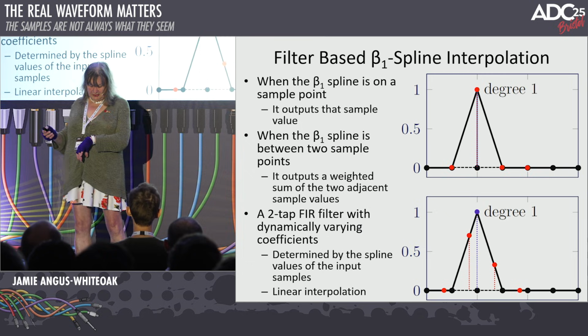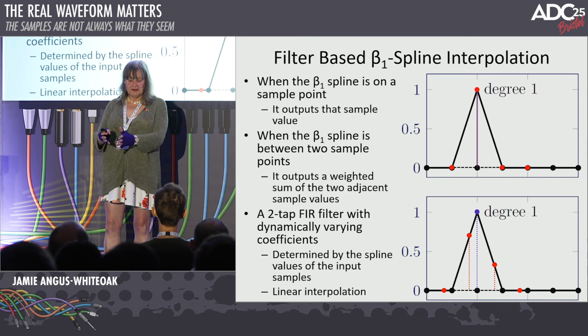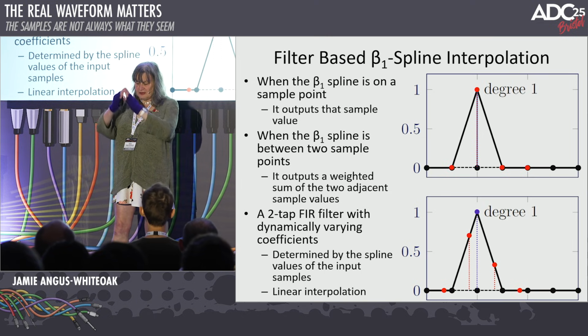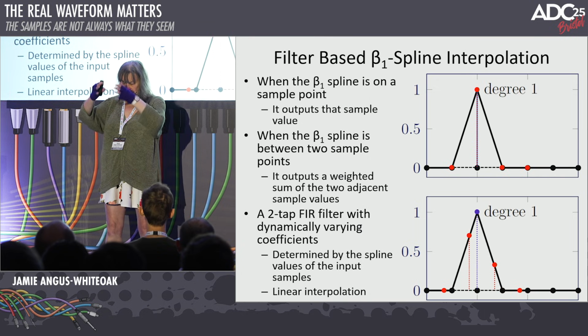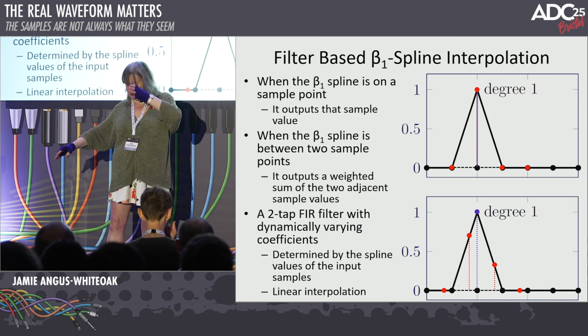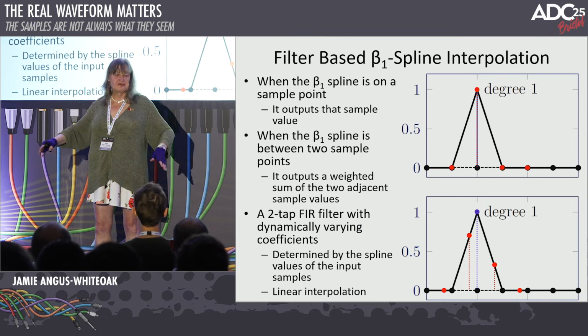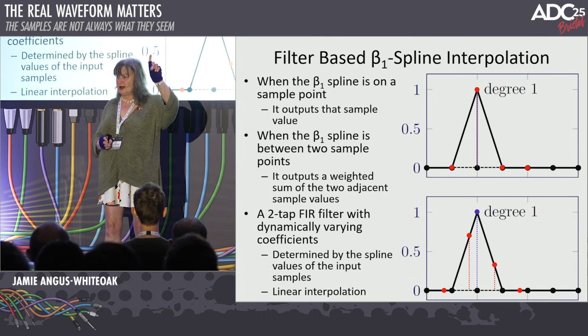And here's a little bit of an example. This is a degree 1, because I thought this is an easy one to say. So this is an example of a second degree first order spline rather than a 0th order spline. It's got linear variation between the center and the two adjacent samples. Obviously, if it's perfectly lined up with a sample, you use the sample value.